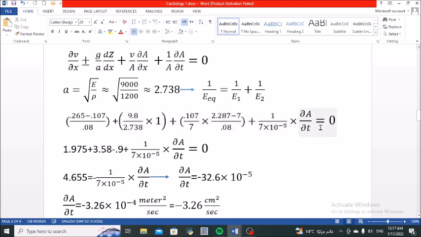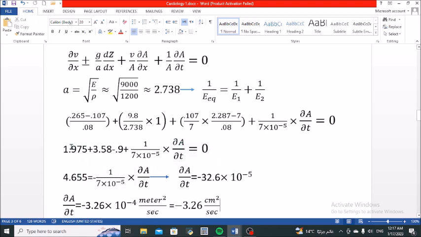Why? Because partial a by partial t is a unit within its own. If this were also expressed in area, I could have made the same thing. And substituting, I get 1.975 plus 3.58 minus 0.9 plus 1 over 7 times partial a by partial t equals 0.